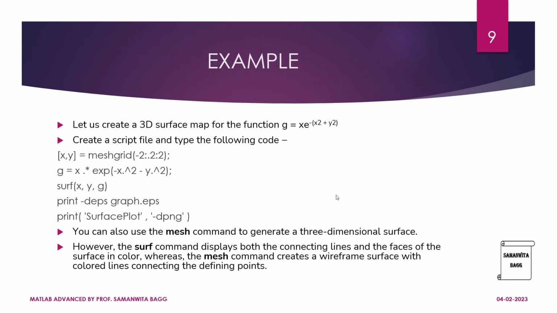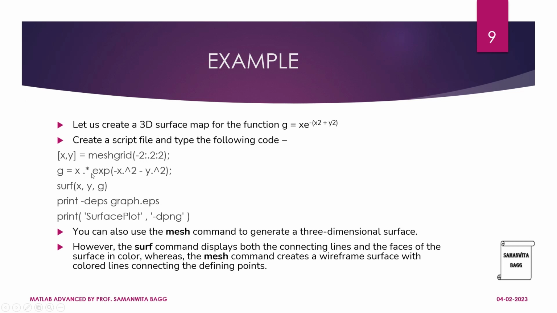Let's see an example. Let us create a 3D surface map for the function g given by x e raised to minus (x square plus y square). Let's see the code. This is the same line that we have written before. X comma y meshgrid, minus 2 to 2, and 0.2 is the gap. So it's the same way that we have shown before.